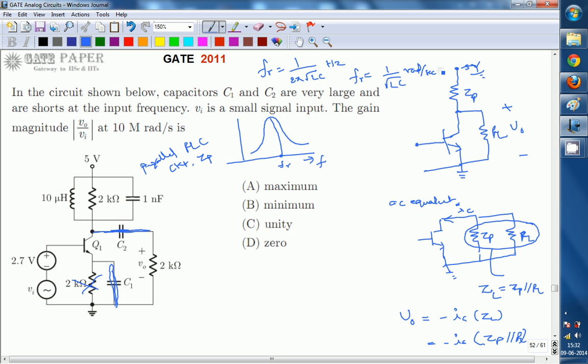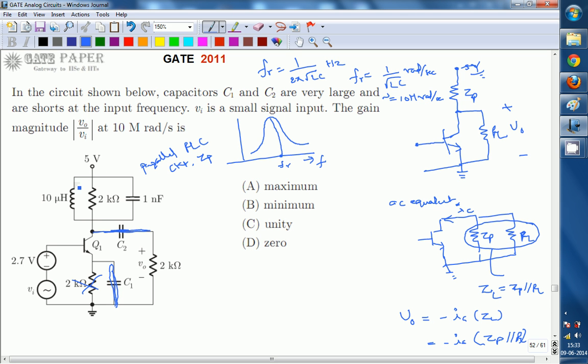So with root LC, this FR will be 10 megaradians per second. If you substitute the values, L is 10 microhenry and C is 1 nanofarad, and FR comes out to 10 megaradians per second.